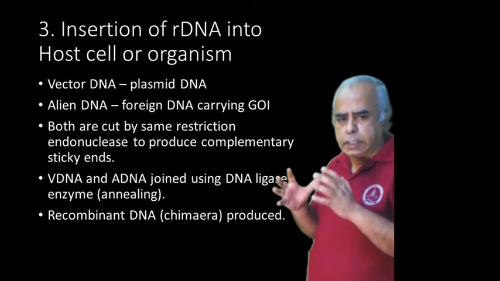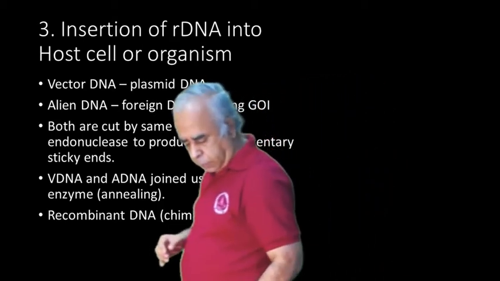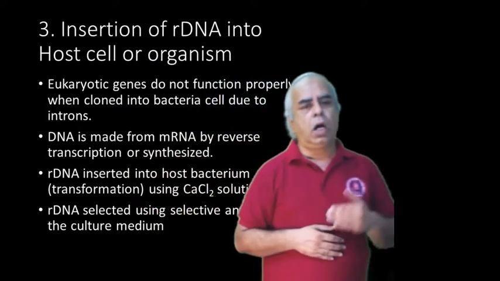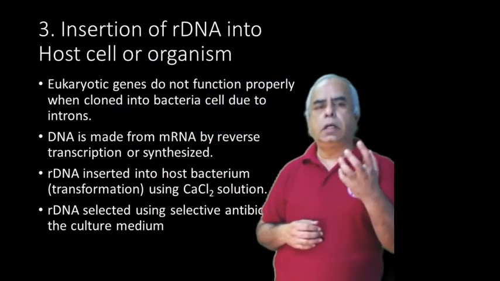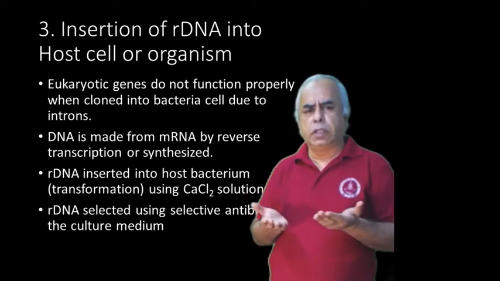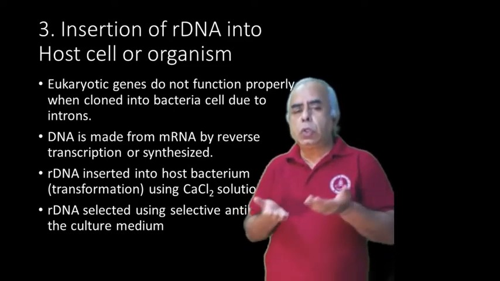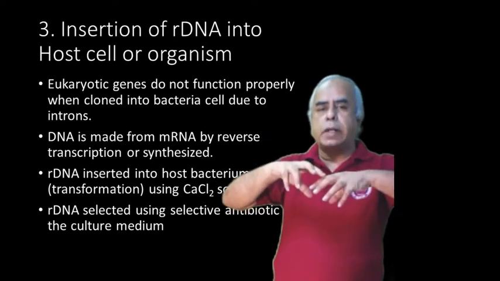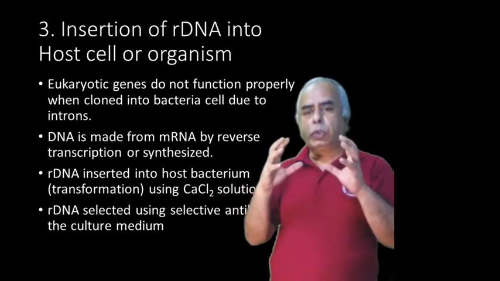So the chimera, the recombinant DNA, is perfectly produced. Now you should know something about eukaryotic genes. They should not function properly when cloned into a bacterial cell due to introns.